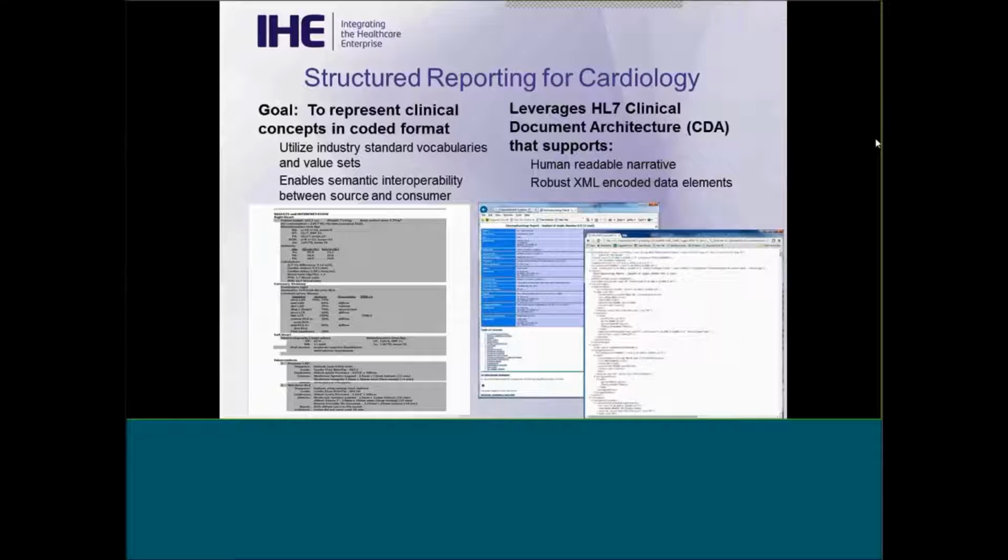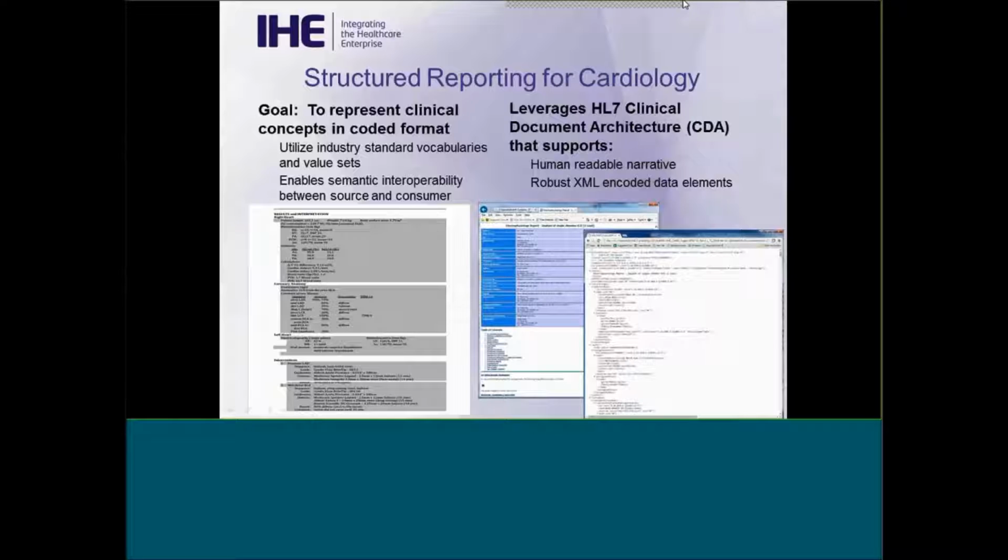We need to have consistency across the industry, so when the report that contains this clinical concept is shared, it can be interpreted in the same way and understood by both the consumers as well as the producer of that report, for semantic interoperability.